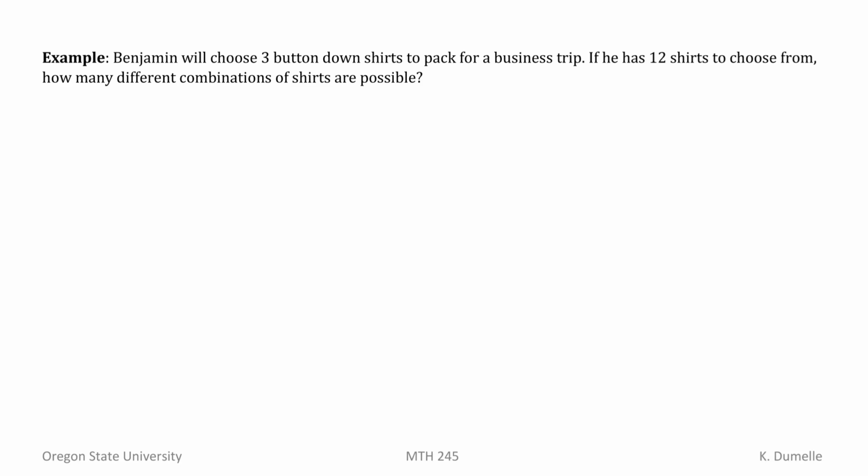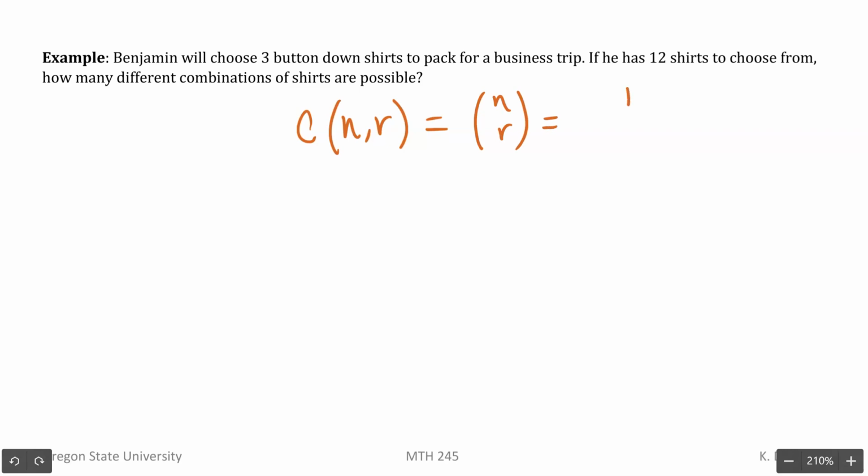So just to remind you about our combination formula, remember notation is n choose r, sometimes written like this. And we take our total possible choices, in this case that would be 12, factorial, divided by how many we're selecting or choosing, which is 3, factorial, and then we find the difference, n minus r, and divide by that factorial.